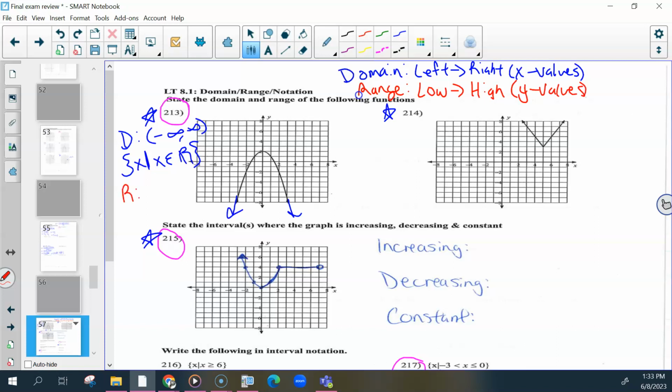So in interval notation, it would start at negative infinity and it would stop at positive 2. It's included, so that would be a square bracket. In set builder notation, that would be everything below, sorry, not x, y, below 2. So y is less than or equal to 2.